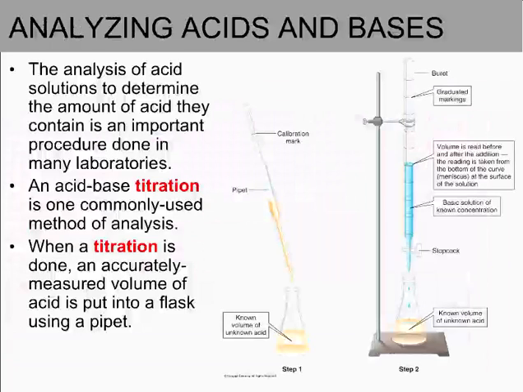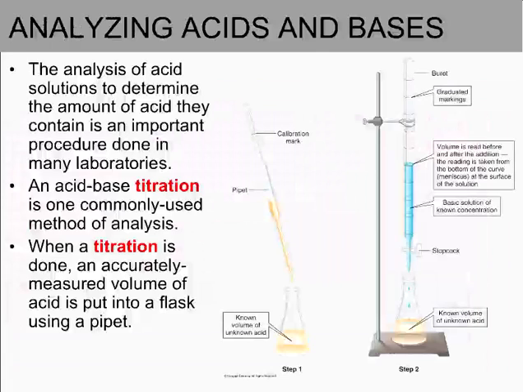So another more specific way to analyze acids and bases is to use something called a titration technique. If we're analyzing an acid solution, typically we're trying to determine the amount of acid in the solution.